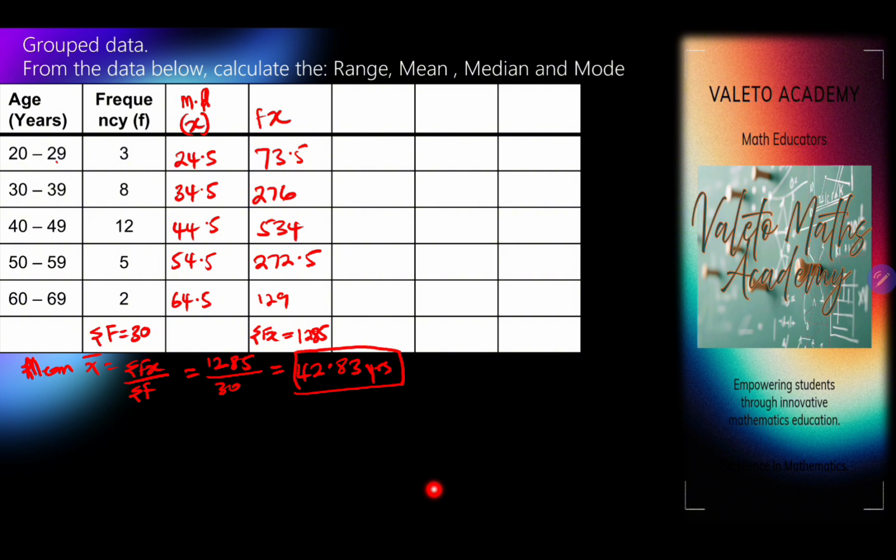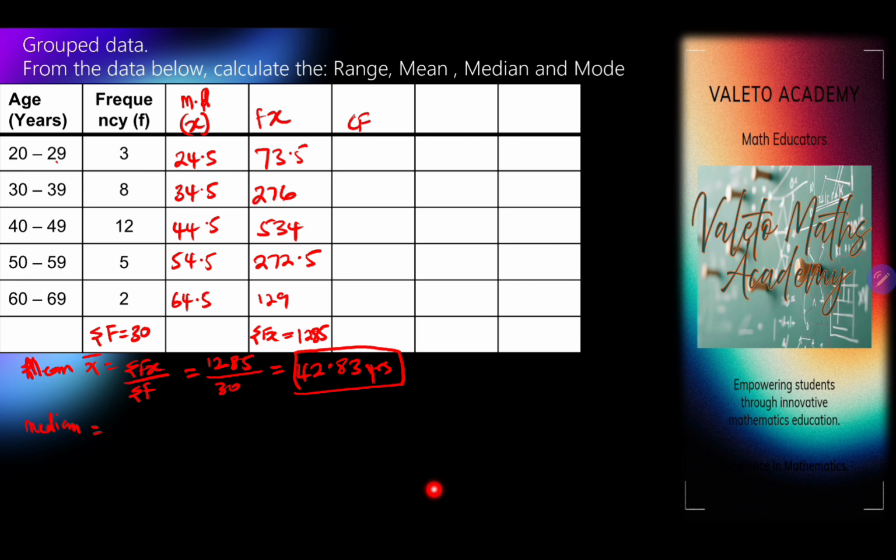Now, to get our median, we'll need to apply a formula because this is group data. Before we come to the formula, let us see where the median class is. To get our median class, we first get our cumulative frequency, just like on group data.